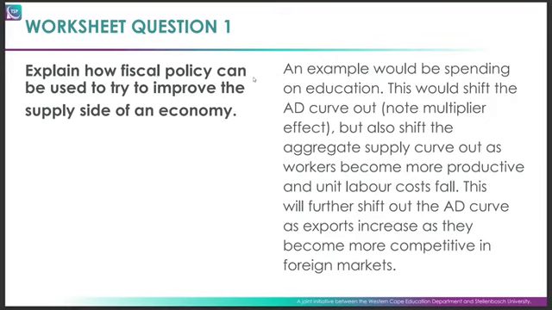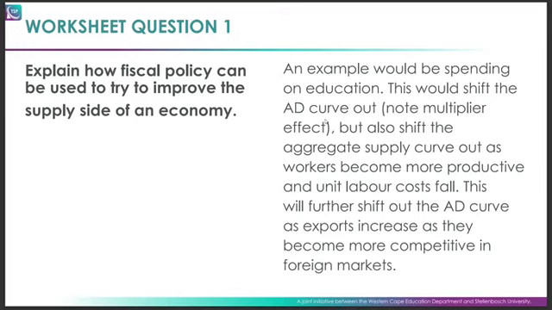So what they're saying is, let's take, for example, that there would be spending on education. So obviously the demand is going to now move, right? And they say here in brackets, note the multiplier effect. I'm not sure if you dealt with the multiplier effect in the classroom as yet, but if not, you will be doing so within the next couple of days.